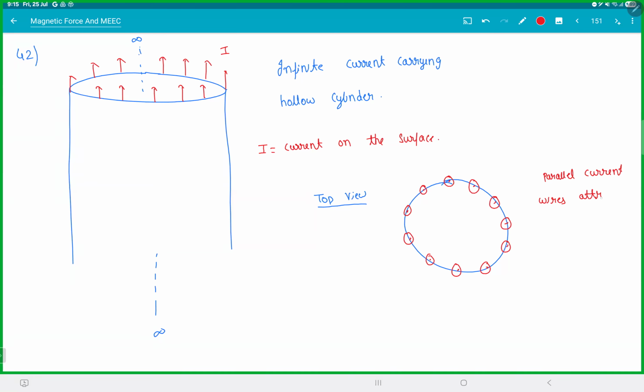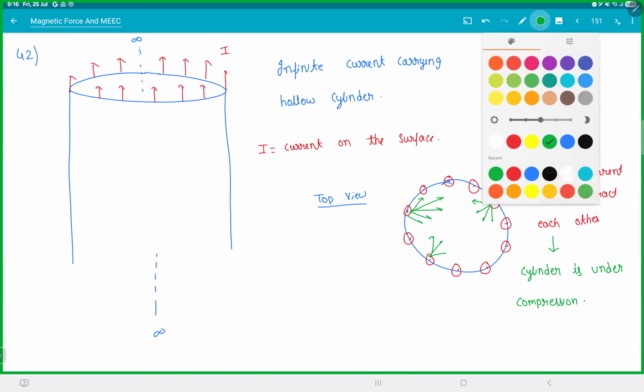That means on this shell, every point is behaving like a parallel wire. They all attract each other, so this will lead to a kind of compression. Because of this, the cylinder is under compression. This actually happens whenever you send current through a wire: the wire becomes compressed and more stiff. Since the cylinder is in compression but you're not letting it compress, there will be a pressure on the surface.